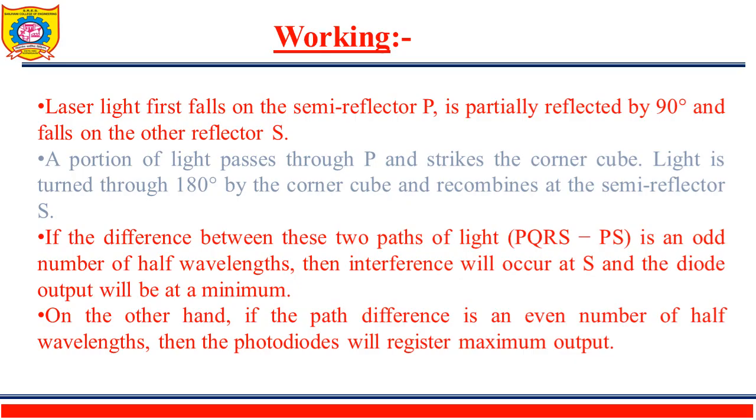If the difference between these two paths of light, that is PQRS minus PS, is an odd number of half wavelengths, then interference will occur at point S and the diode output will be at a minimum. On the other hand, if the path difference is an even number of half wavelengths, then the photodiodes will register maximum output.